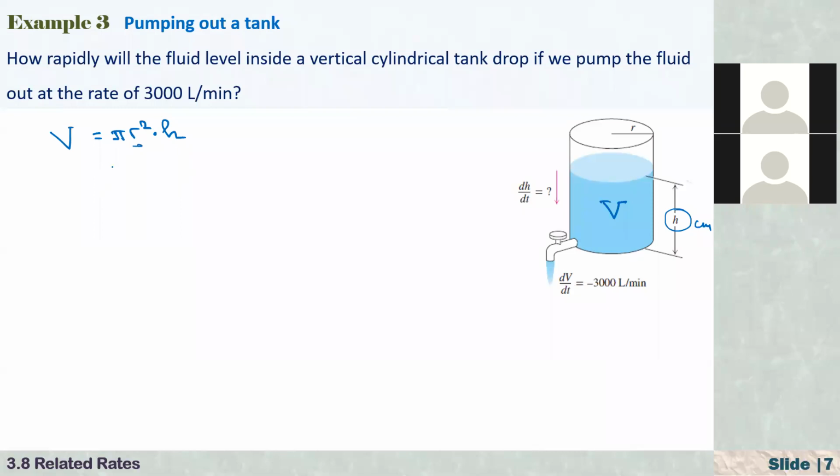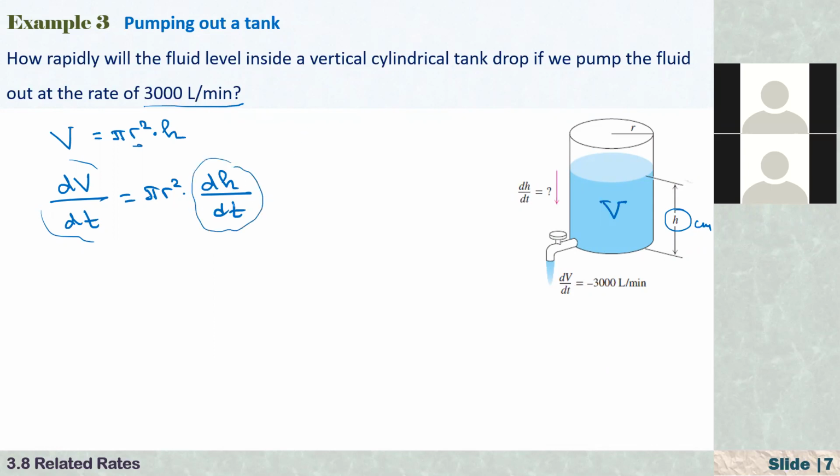So now if you differentiate both sides with respect to t, here we have dV/dt is equal to pi r squared times dh/dt, right? From here, it says that dV/dt is 3,000 liters per minute. So now we need to change liters into cubic centimeters because this h we need to find in centimeters, right?